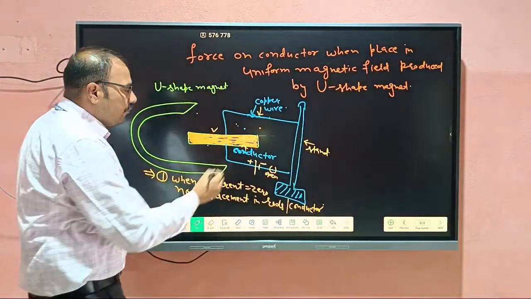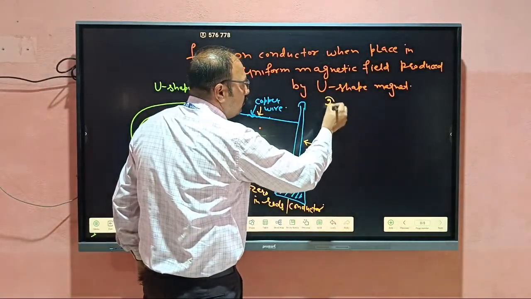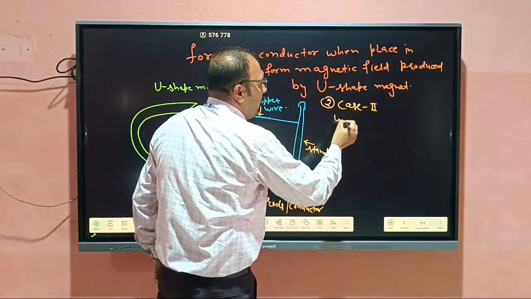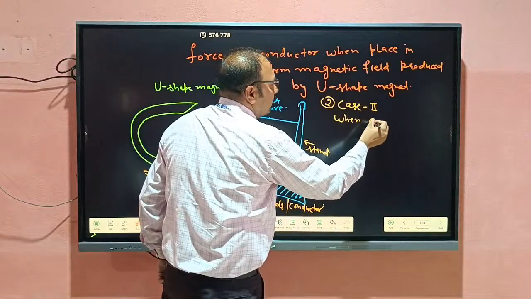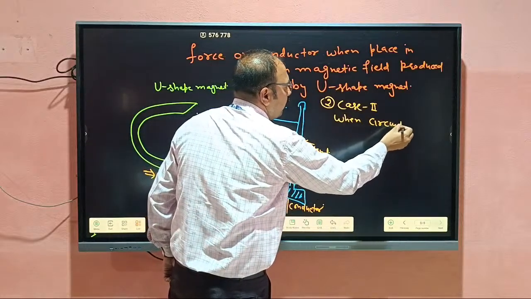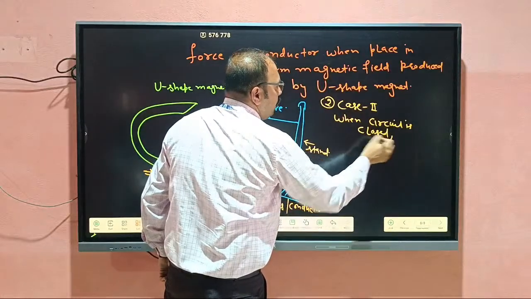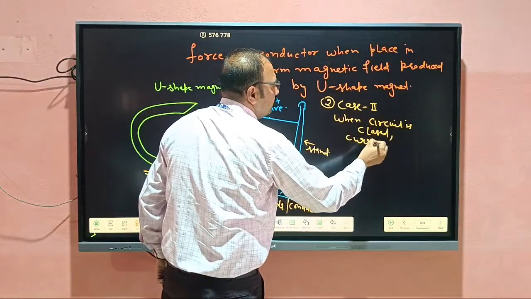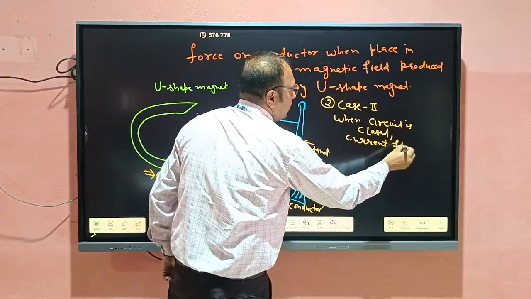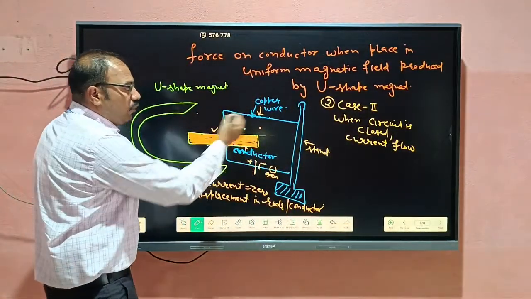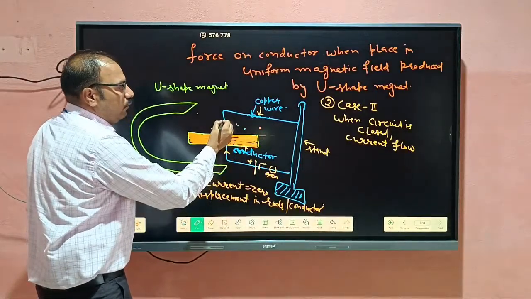And the second case: when the circuit is closed, so current flows. The direction of the current flow is from positive to negative.